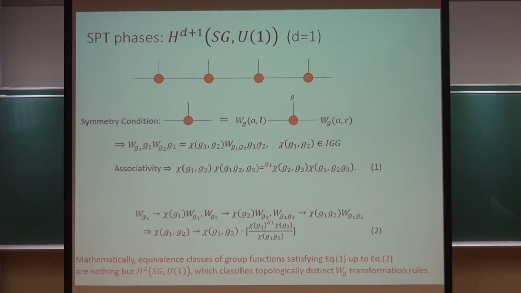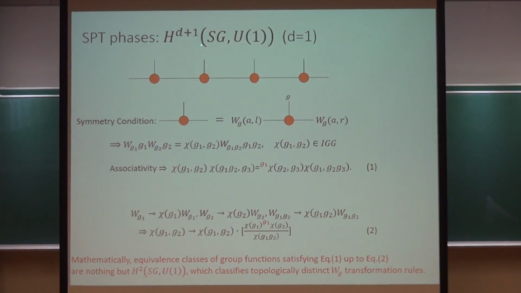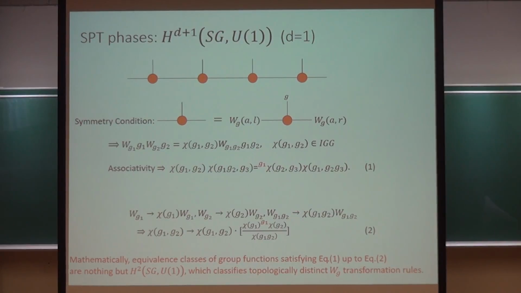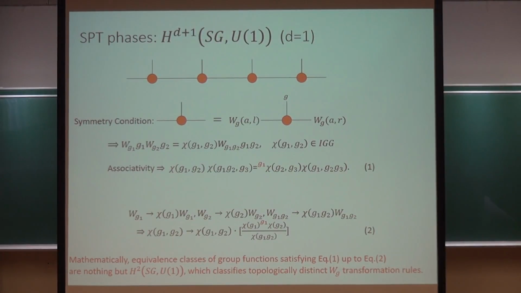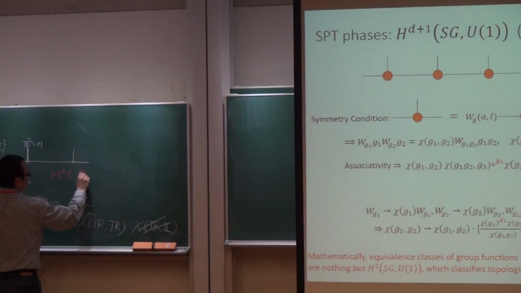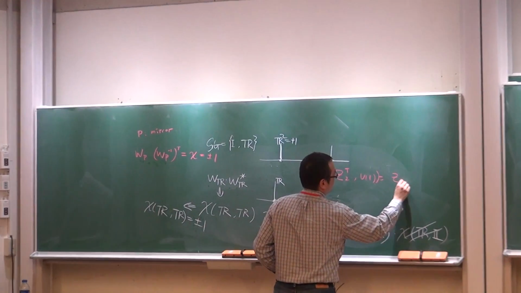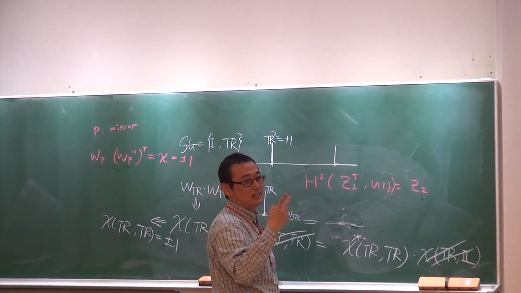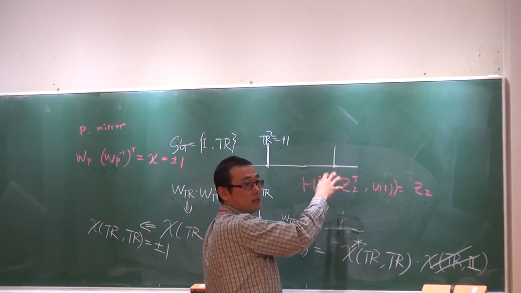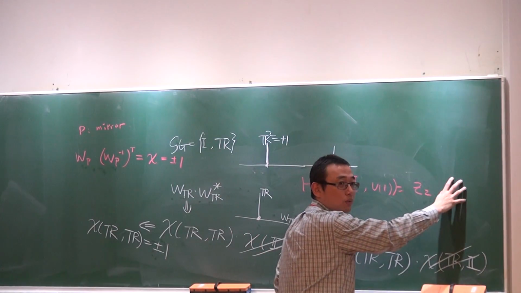So you can compute this, and for every class of it, you compute it. For example, it turns out that H2 of Z2 equals Z2. It means there are two classes. If you replace this by some other symmetry group, you will get something more.